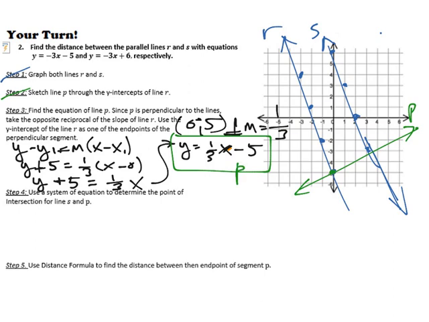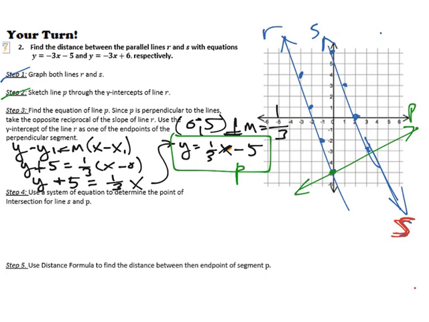So we have now 3 lines. Step 4, use a system of equations to determine the point of intersection for lines S and P. Knowing that I have line P here in green, and line S over here, I'm going to write S in red so you can see where I'm writing.